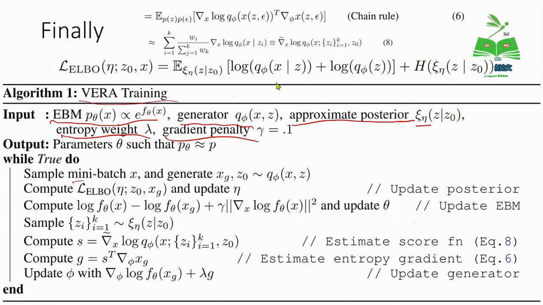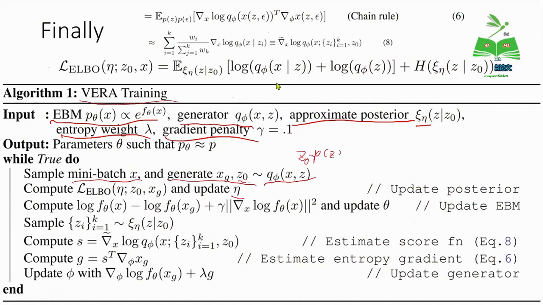First, sample a batch of real data, and generate fake data x_g, with z0 and z from the generator, where z is z0 from qz.